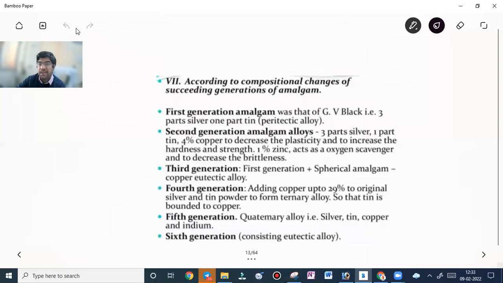According to the composition and changes over successive generations, amalgam could be first, second, third, fourth, fifth, or sixth generation.